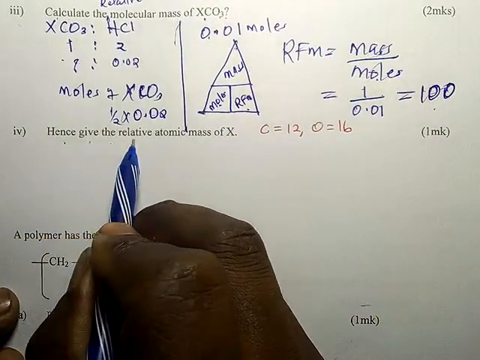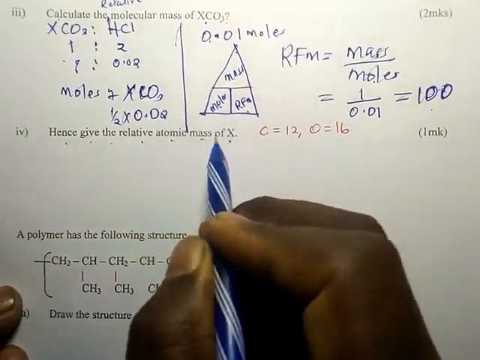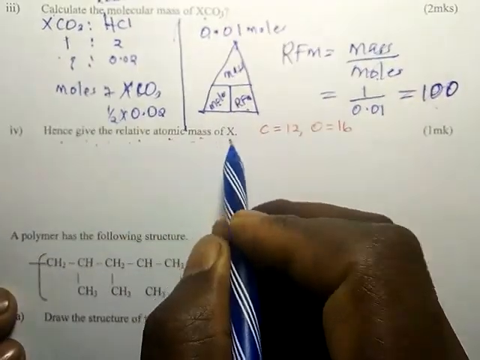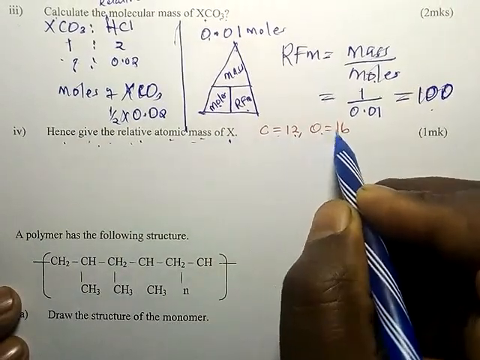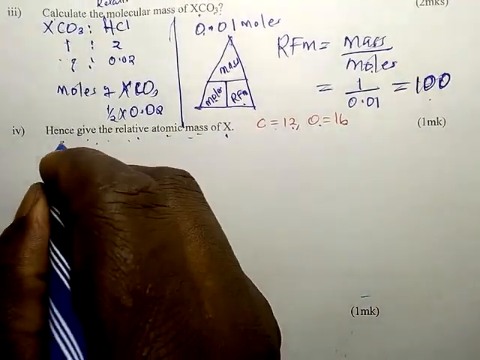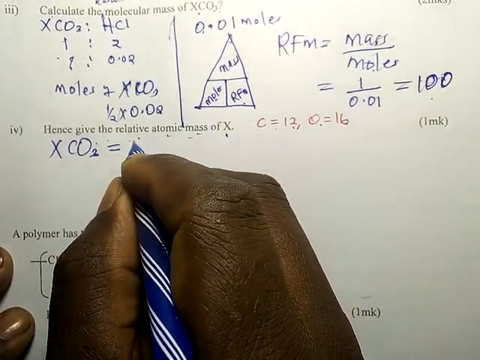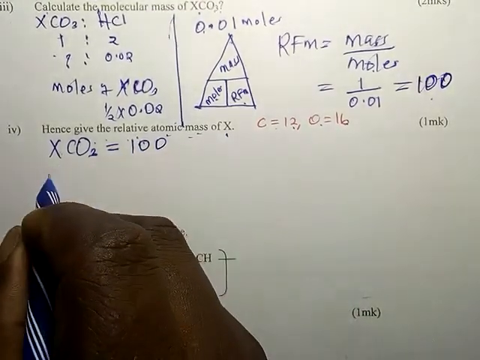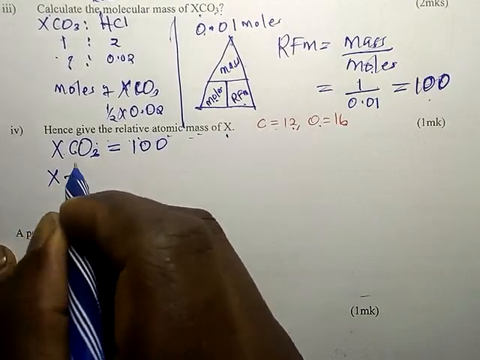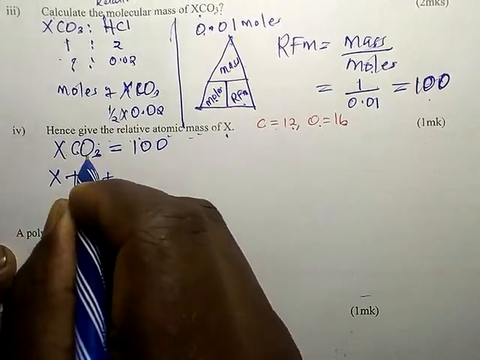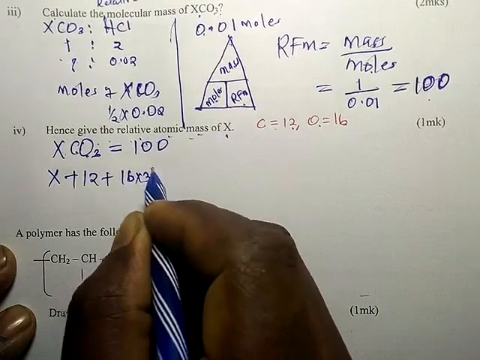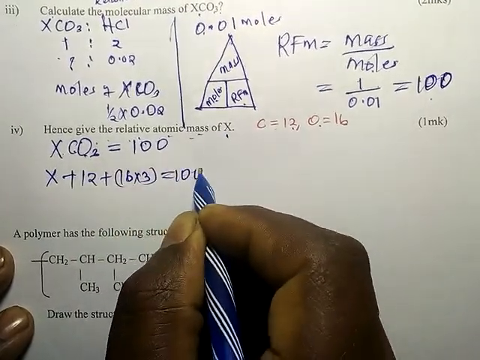Hence, give the relative atomic mass of X, given that carbon is equal to 12 and oxygen is equal to 16. X carbonate has an RFM of 100, but X we don't know, so X plus 12 plus 16 times 3 gives a total of 100.